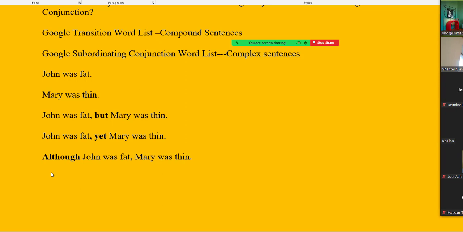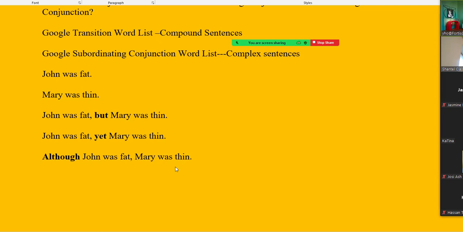Josie. I'm sorry, can you repeat the sentence? Although John was fat, Mary was thin. What kind of sentence is that? Complex. Why is it a complex sentence? Hassan. How is it different from a compound sentence?